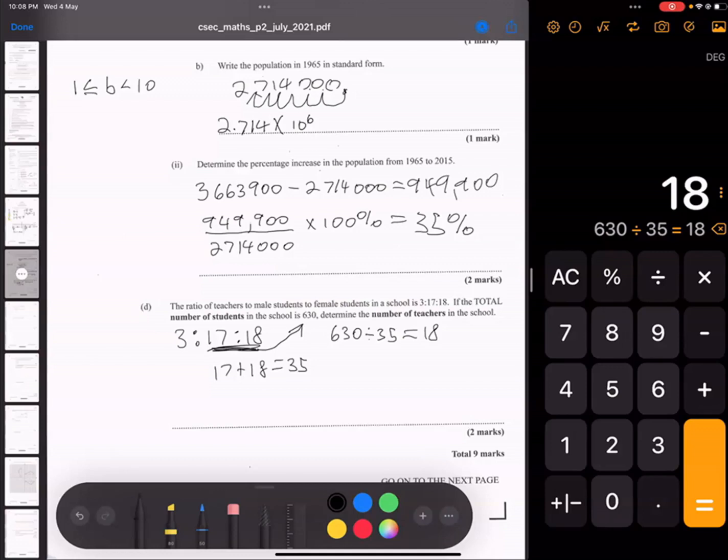So the ratio for teachers is 3, and multiplying it by 18 would give us the number of teachers. So then our final answer would be 54 teachers. All right, very simple.